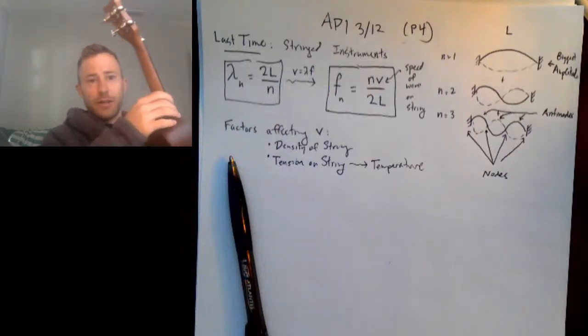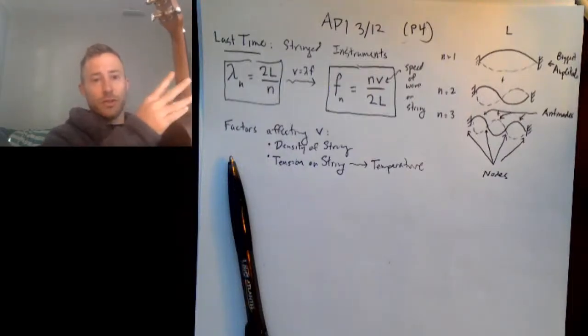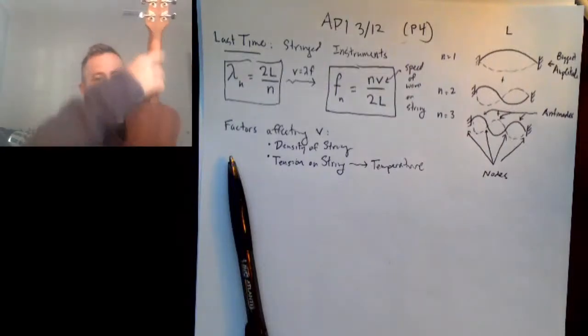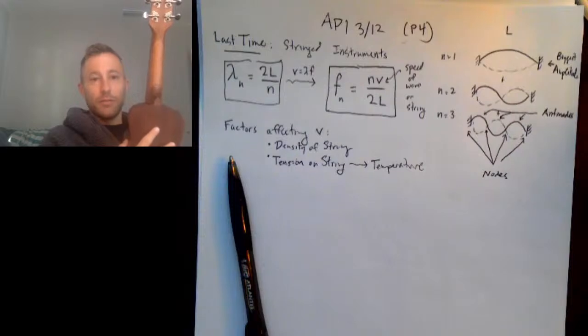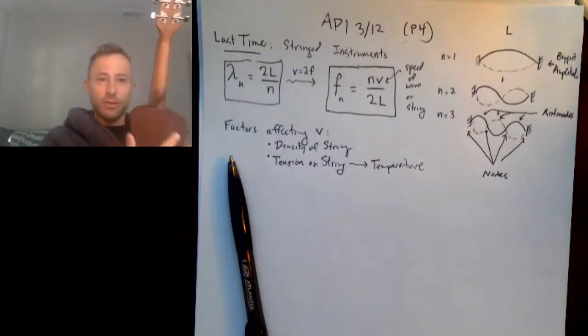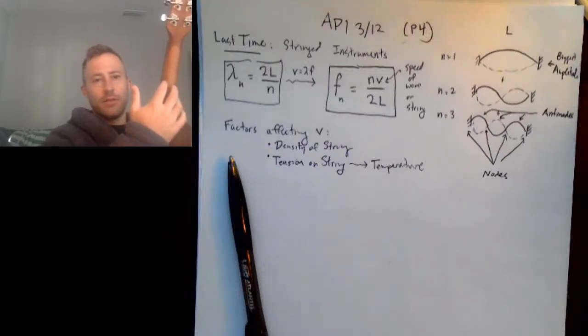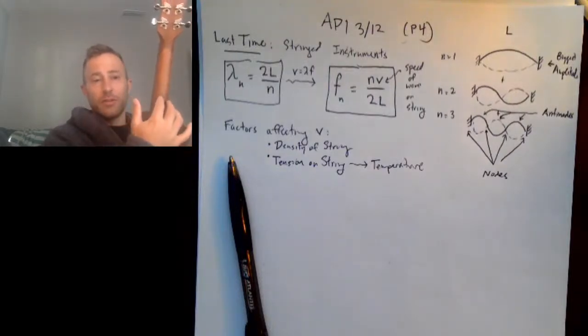Another thing that can affect it is moisture, because if the material that the instrument is made out of absorbs moisture or dries out, it can affect the length of the instrument slightly.